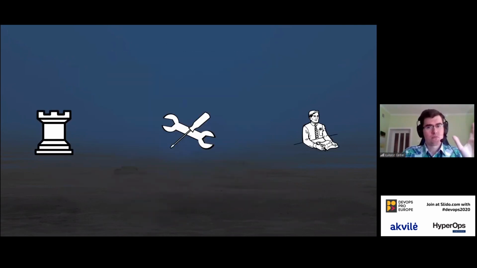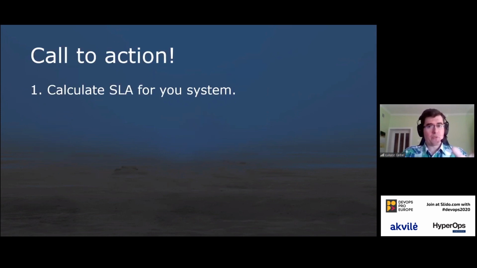Okay, so I discussed basic strategies to increase HA. I described the tools that help us to deal with state and the HA features. And then in the end, I showed you how to calculate the SLA for your systems and how to understand it. So now I've got a call to action for you.